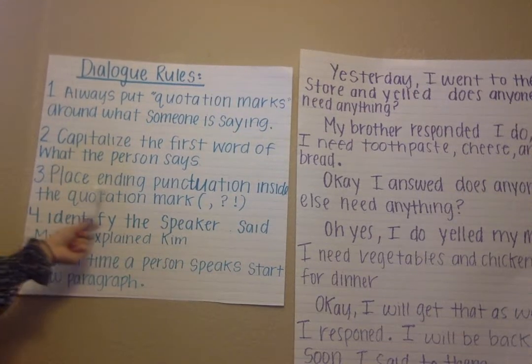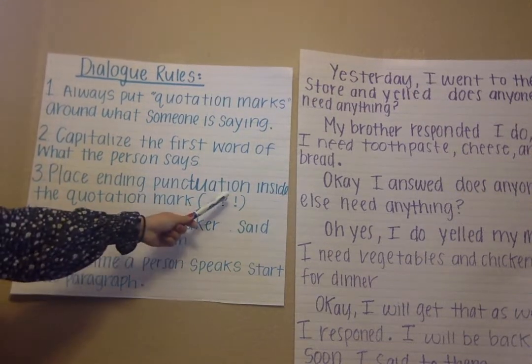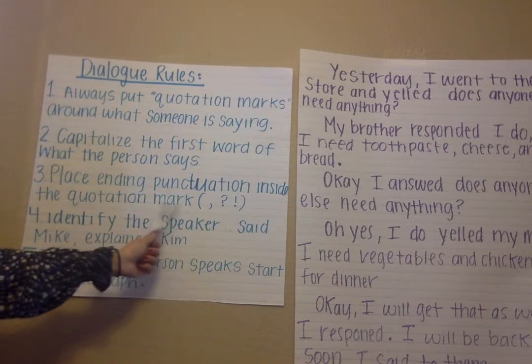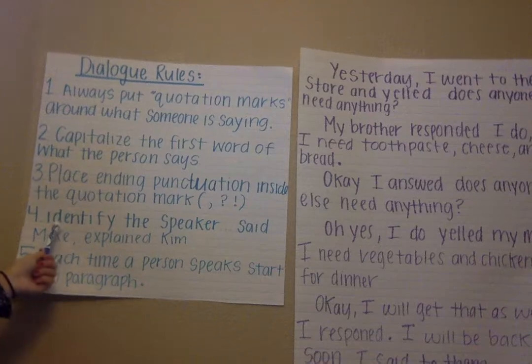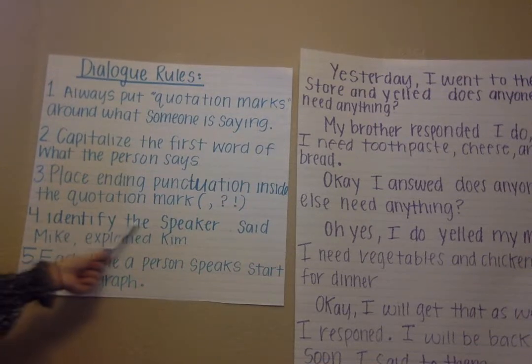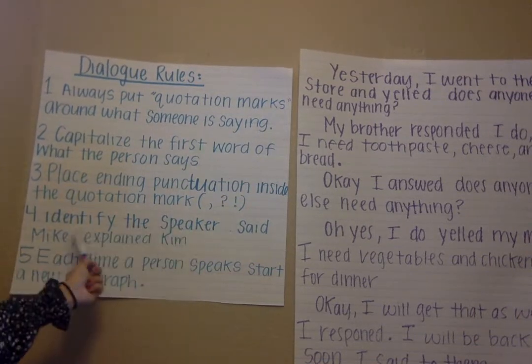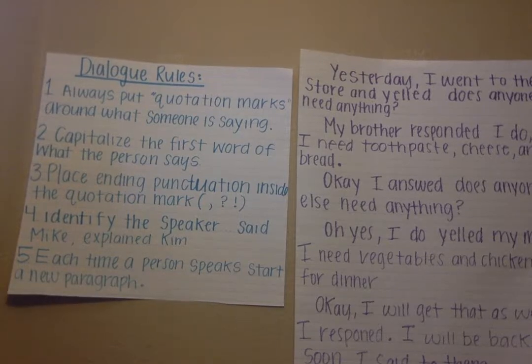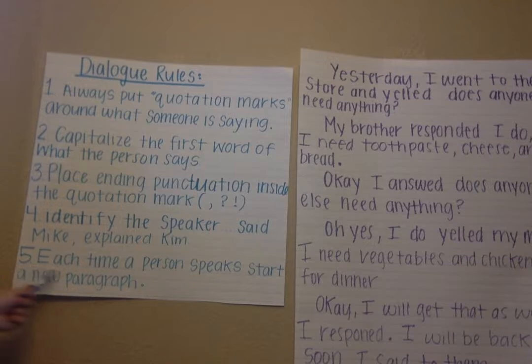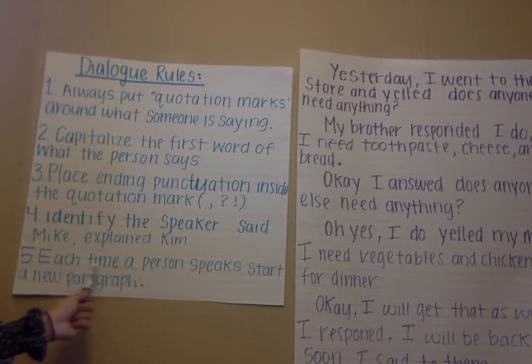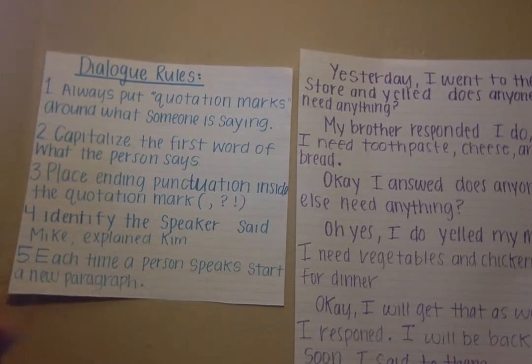Number 3, place ending punctuation marks inside the quotation marks, so commas, question marks, exclamation points. Number 4, identify the speaker, said Mike, exclaimed Kim, and put commas. And then the 5th one, each time a person speaks, start a new paragraph.